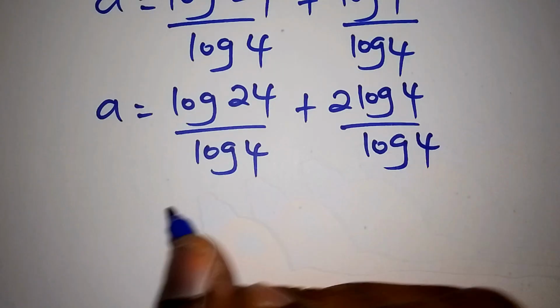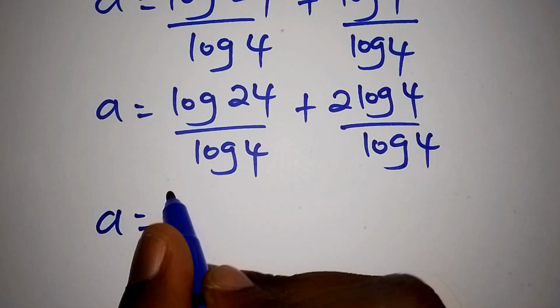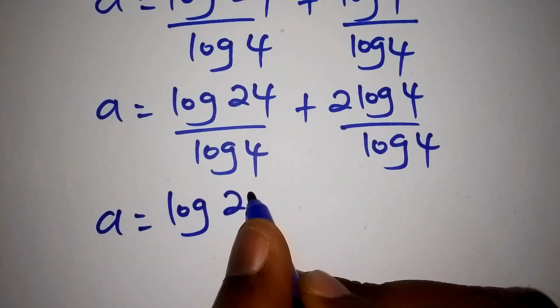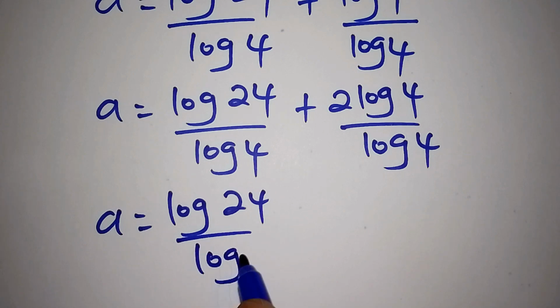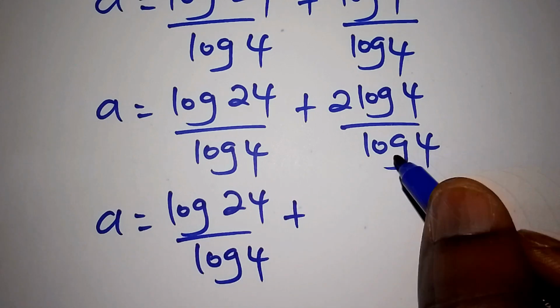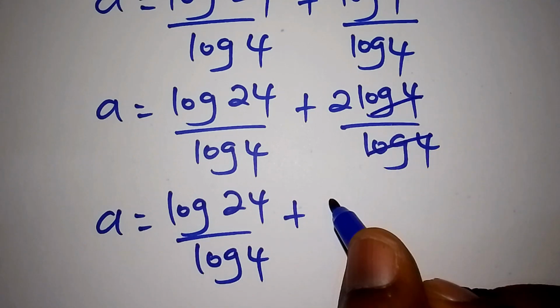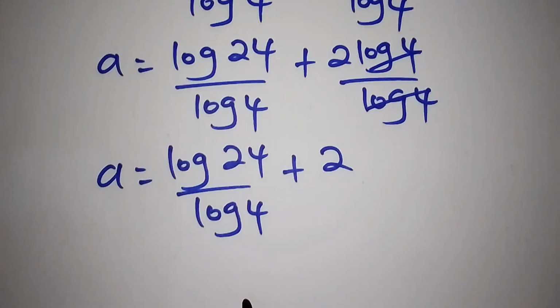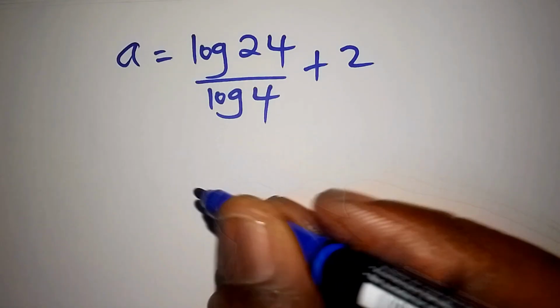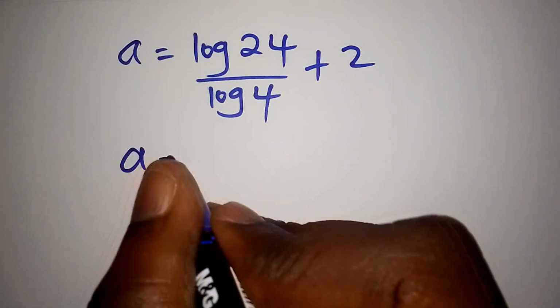So the value for a in this case is equal to the log of 24 all over the log of 4, then plus, here log 4 and log 4 shall cancel, so we end up with 2.